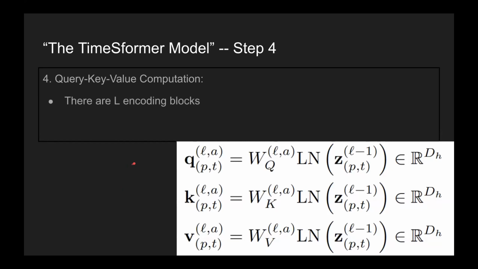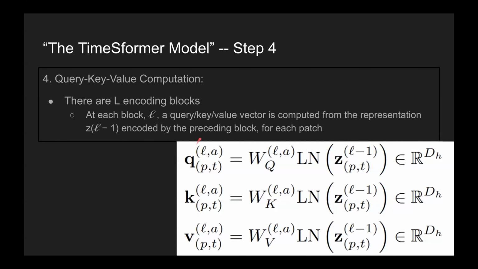So now our query key value computation. There are L encoding blocks, and we go over every L encoding block, and we calculate a query, key, and value vector, and it's encoded using the preceding block. Like I said in the past slide, we calculated z0. So that's going to first come in here, and then from there on out, this will continue to feed itself.